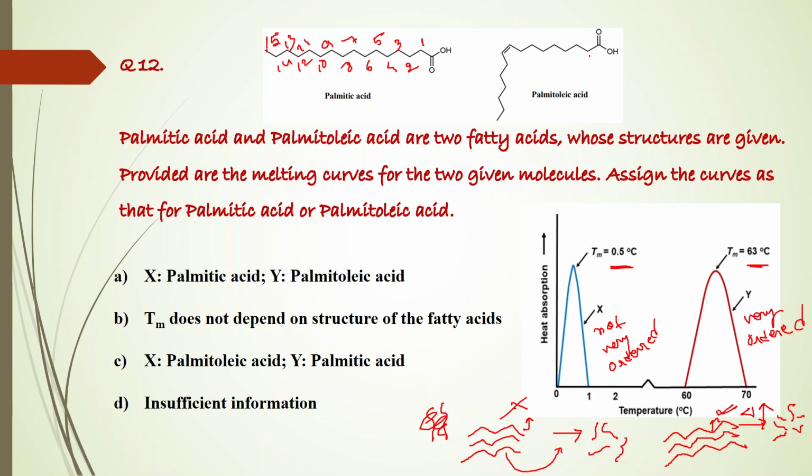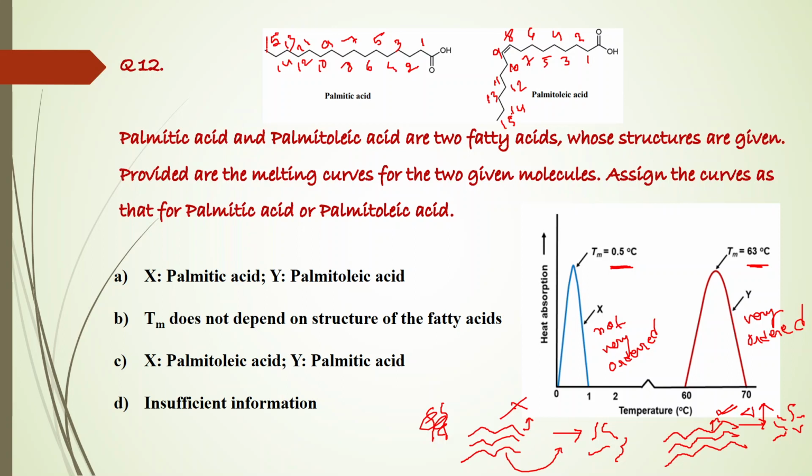Just apart from COOH, I was marking 1, 2, 3, 4, 5, 6, 7, 8, 9, 10, 11, 12, 13, 14, 15. So apart from the COOH group, both of these fatty acids have the same number of carbon atoms. So on the basis of carbon atoms, we would not be able to deduce which one is going to be more ordered and which one is going to be less ordered.